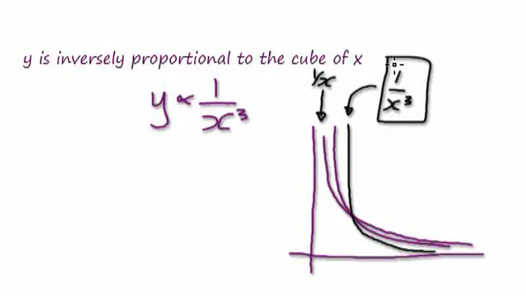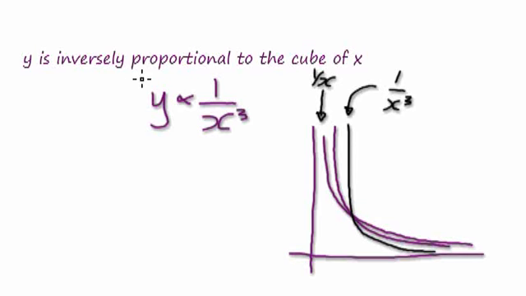You see, 1 over x to the power 3 gets smaller a lot faster than 1 over x, and this middle one here is 1 over x squared. This black line is 1 over x to the power 3.